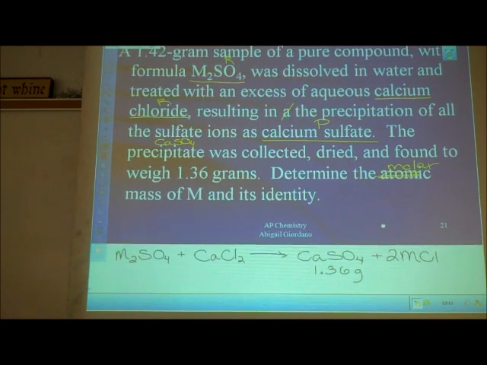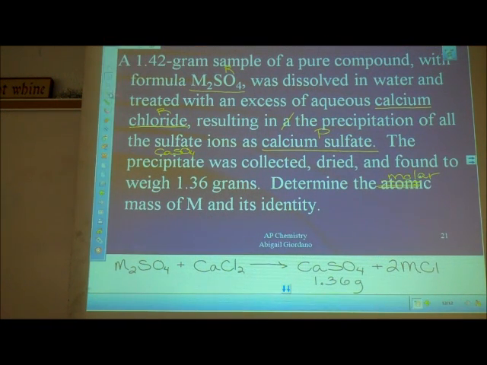Okay, well, I'm going to give you a hint. Can you please tell me what are the units for a molar mass? Okay, grams per mole.